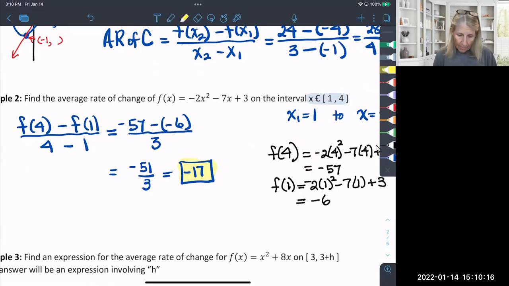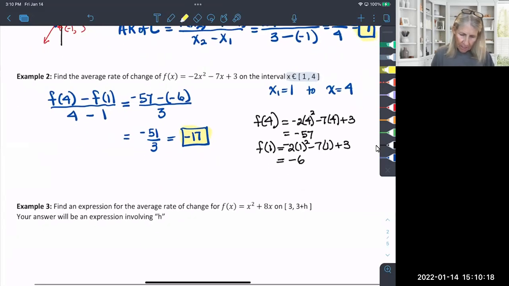Okay, now we have another version of this, but a little fancier. We're going to find the expression for the average rate of change, meaning we're not going to get a number for an answer, but an expression, because our x values involve h. So instead of numbers to plug in, we're going to be plugging in things with h's.